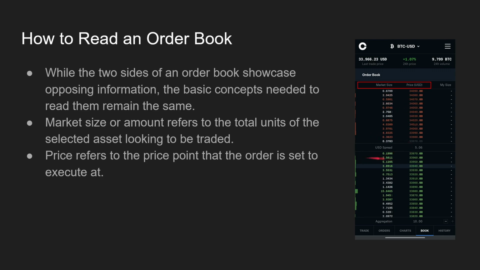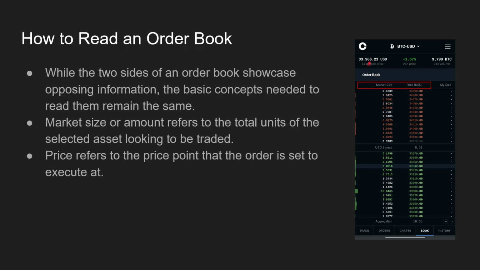And we see the same thing with the buys, right? The highest bid up here would be the highest buy price, and then as we go down, the prices tend to go lower. We do see a particularly large buy order here, 15.6465 Bitcoin at 33,880, and this is well below the current price.